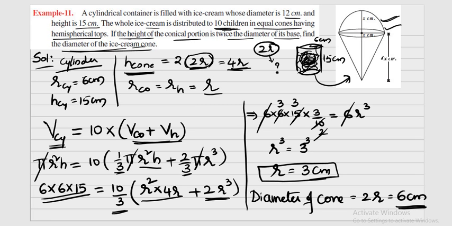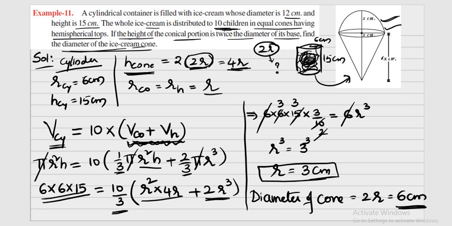So from this what I can say, volume of cylinder is equal to 10 times of volume of cone plus hemisphere, because this volume of cone plus hemisphere is nothing but my combination of solid, right? So by using the simplification concept, by the concept of volume, we have applied here and we got diameter is equal to 6 centimeters. So the diameter of this particular cone is 6 centimeters, right?